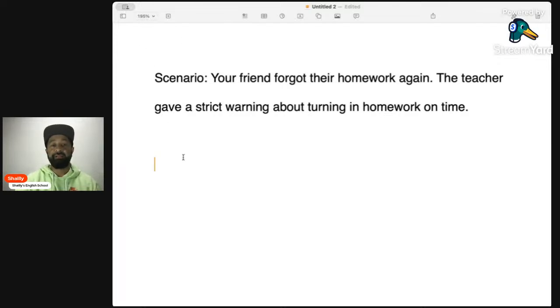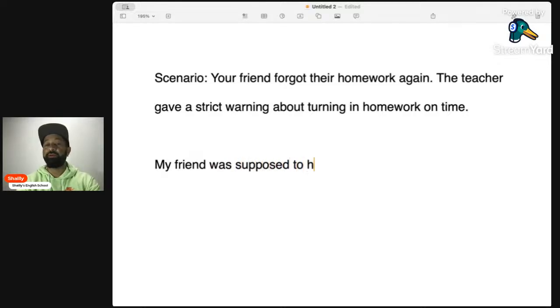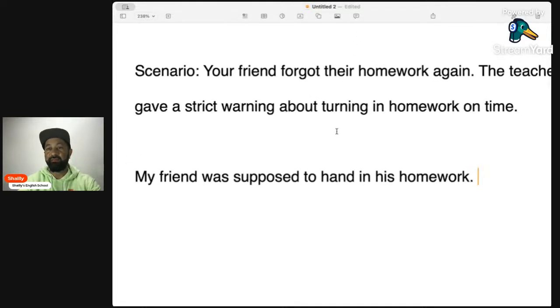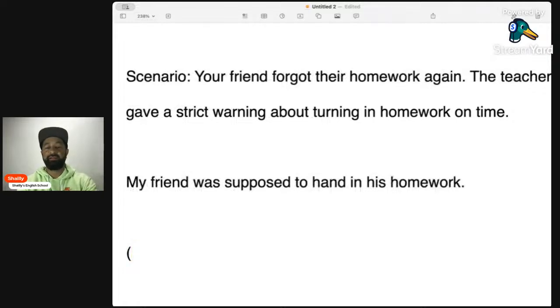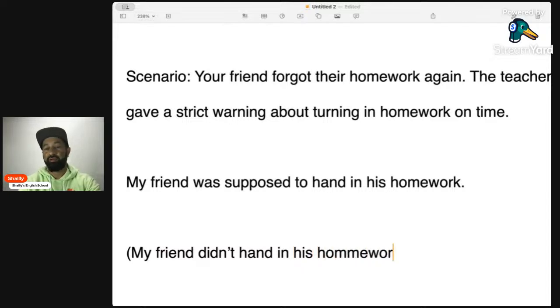So my answer here would be, my friend was supposed to hand in his homework. What does this sentence mean? This sentence means my friend didn't hand in his homework.